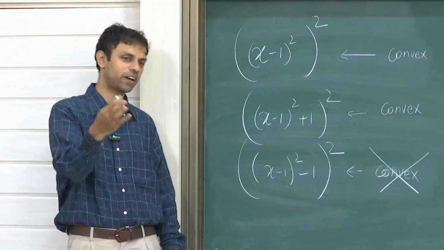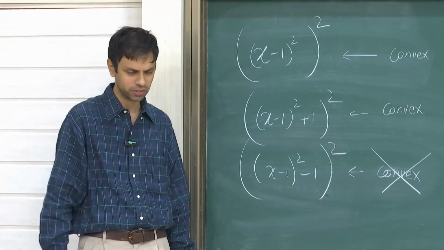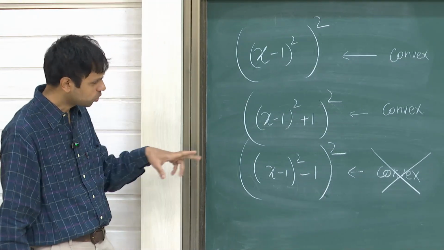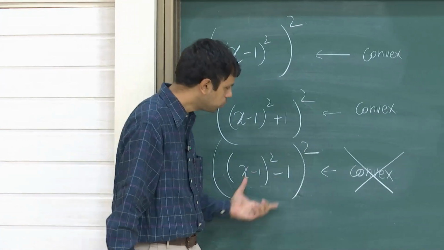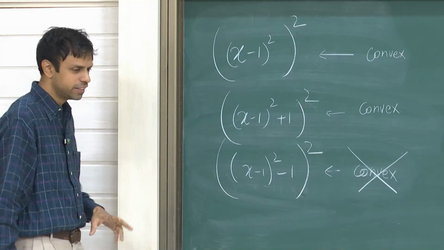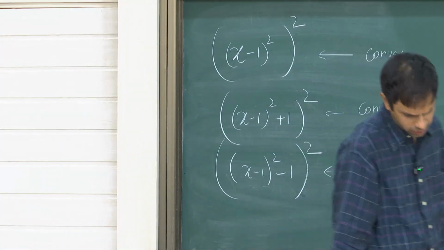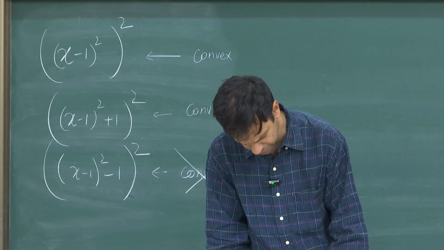And when you go back home you can try to plot and see why it is so. So one rule which we can use for these type of things is the following. This property is quite useful.